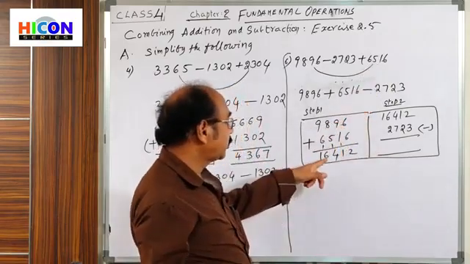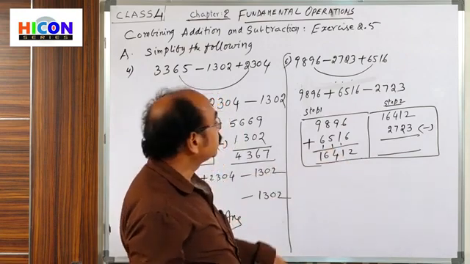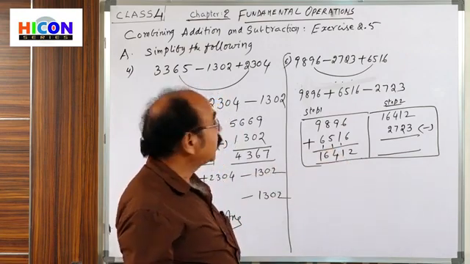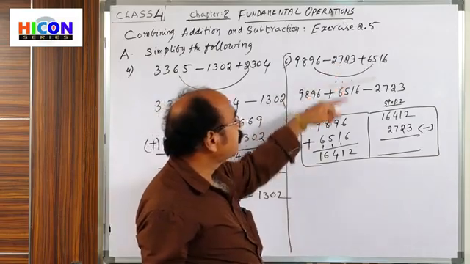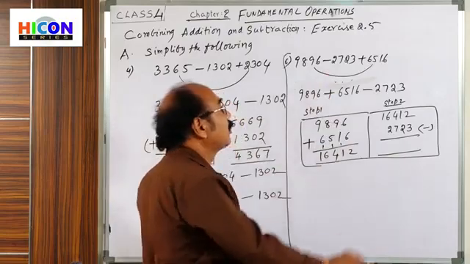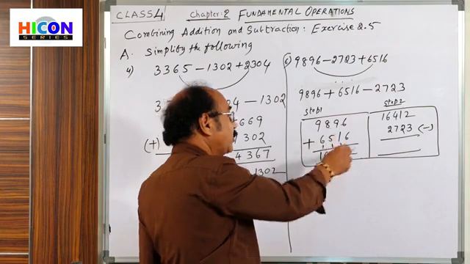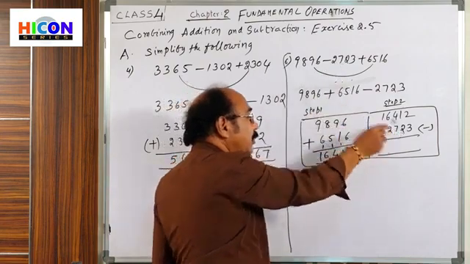How much did we get here? 16412. Okay, from this sum, subtract the number with the minus sign before it. That's why from this total, that number is to be subtracted.